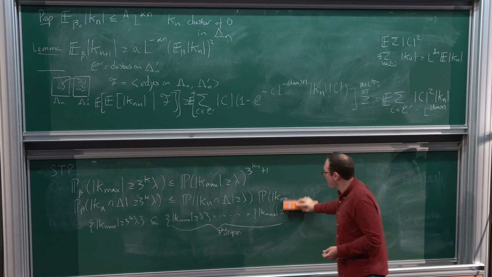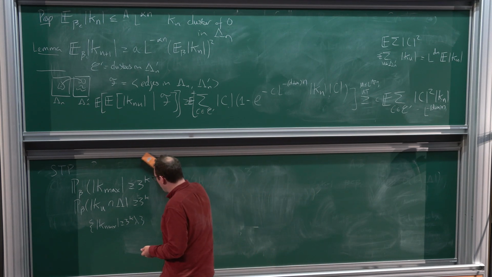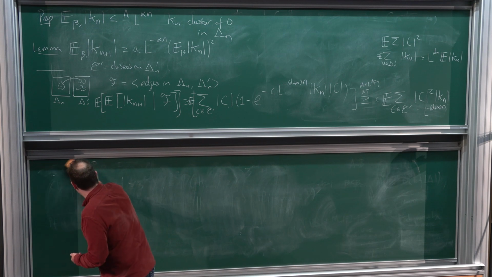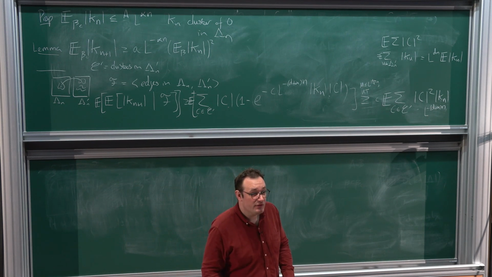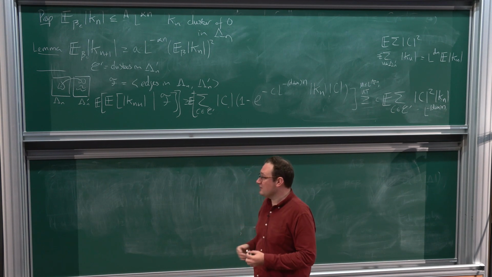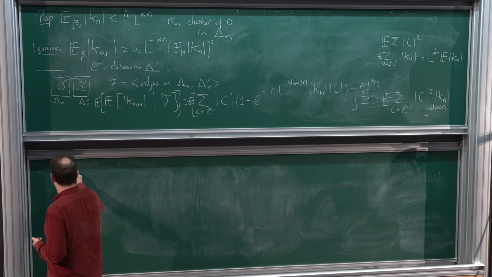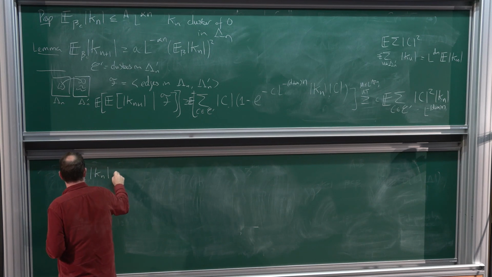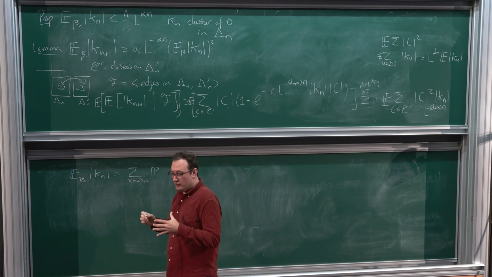Okay. Good. So you can see, what we have here is we have essentially proven a two-point function estimate, right? But now it's an average, where we're really looking at this restricted two-point function, right?